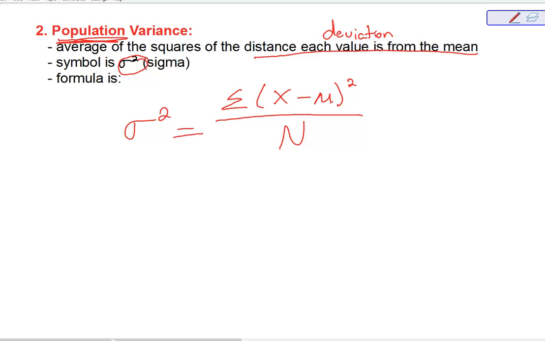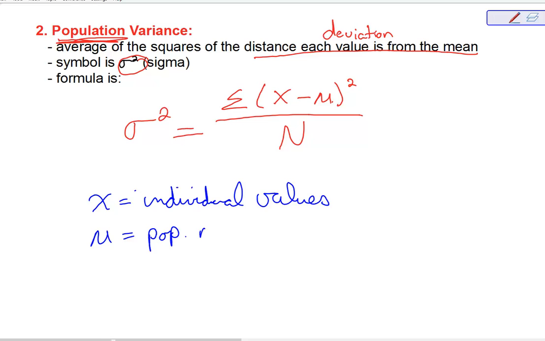Now let's go through here and look at what each value means. So x is just our individual values. Mu, remember from previous lessons, is our population mean, and our capital N is the population size.